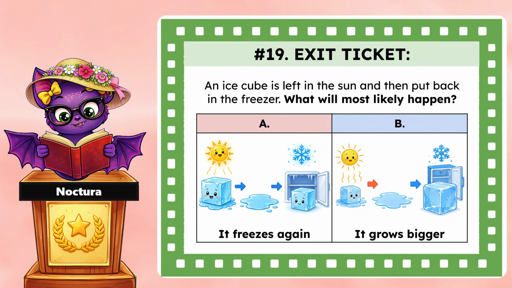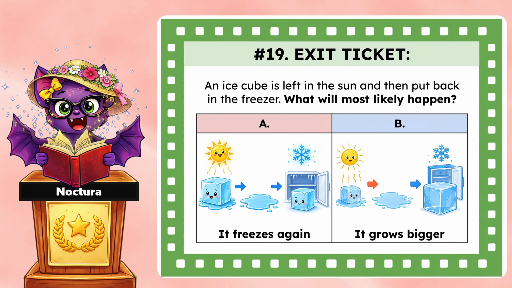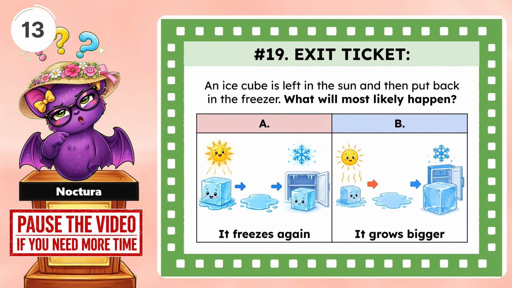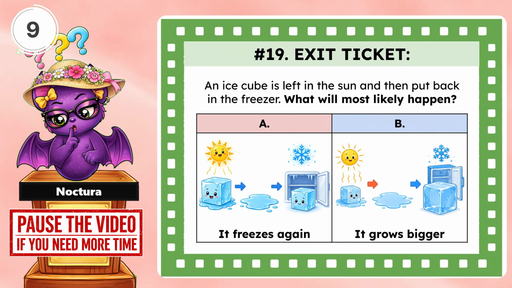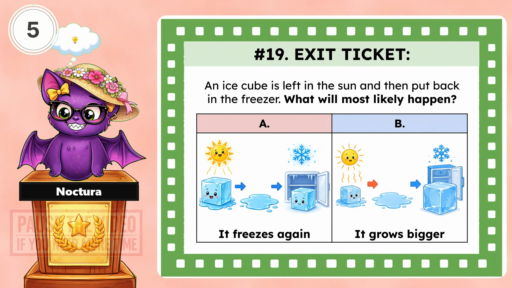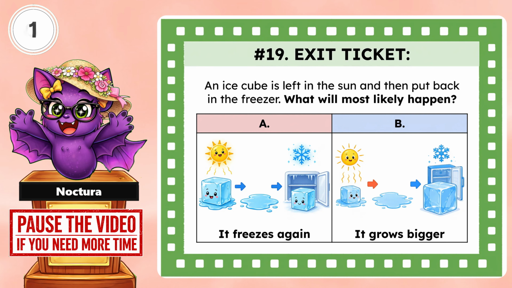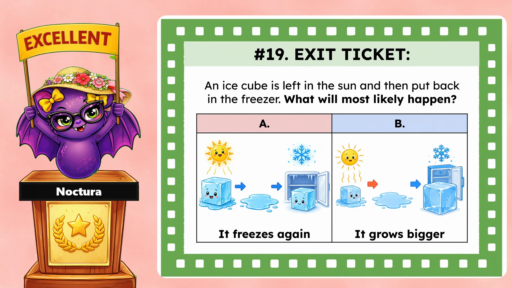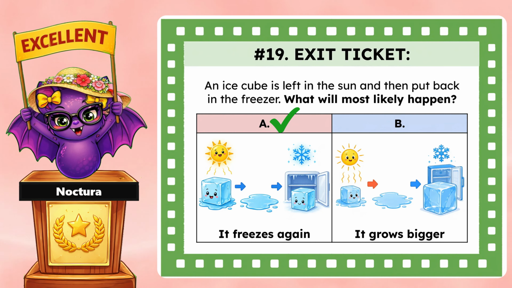An ice cube is left in the sun and then put back in the freezer. What will most likely happen? The correct answer is letter A. It freezes again.